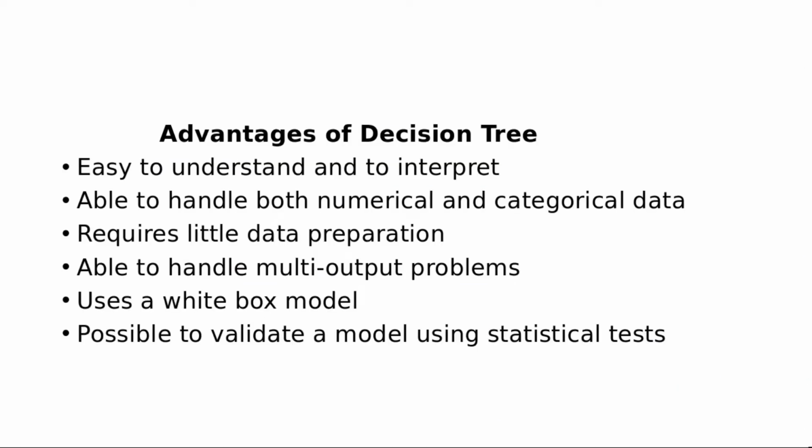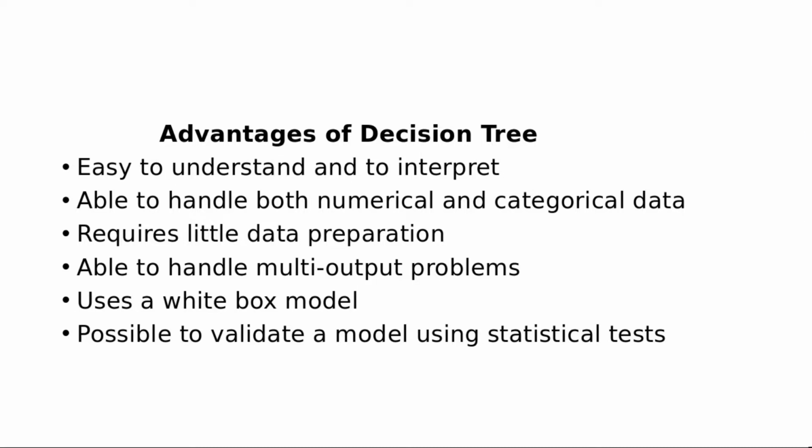So what are the advantages of decision trees? Decision trees are easy to understand and to interpret, and this is because the trees can be visualized. We'll be seeing how to visualize a tree using the egusi versus gbegiri data set later on. Another advantage is that they are able to handle numerical and categorical data.